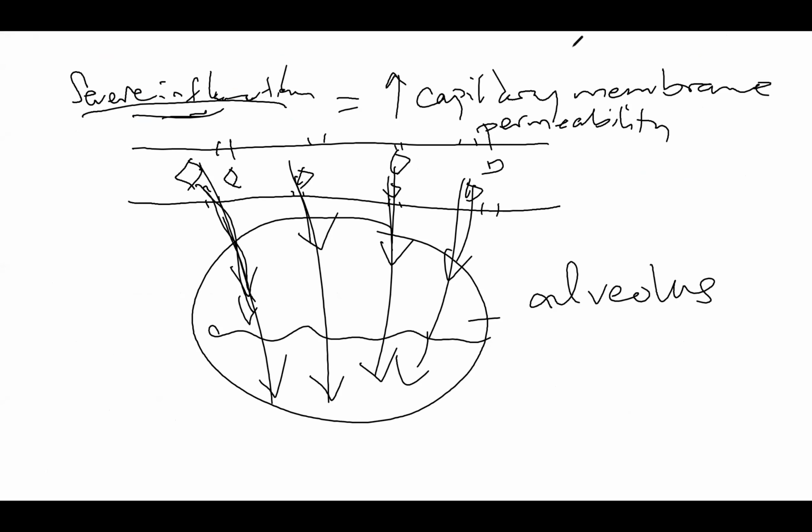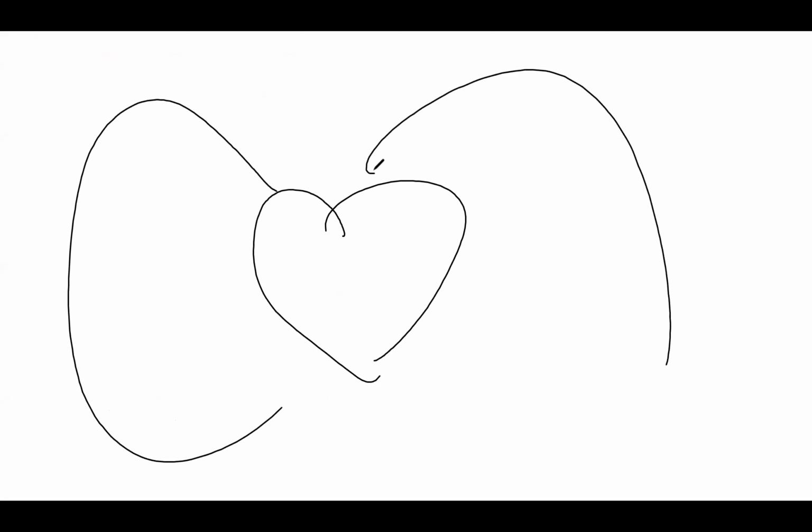So, in heart failure, how did the pulmonary edema form? How did water end up in the, let's say this is an alveolus here. This is the capillary. How did that water enter the lung in heart failure?